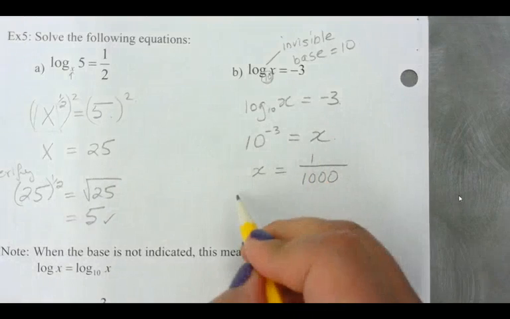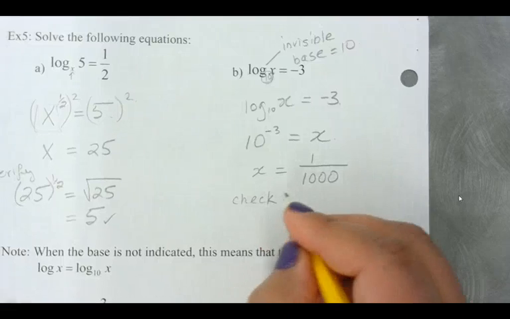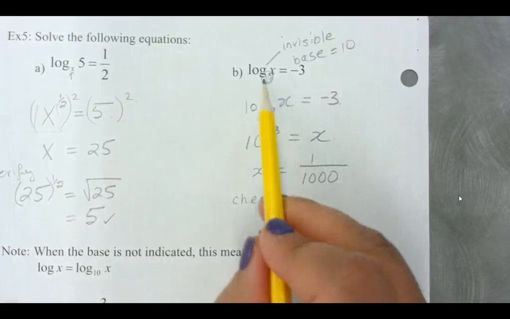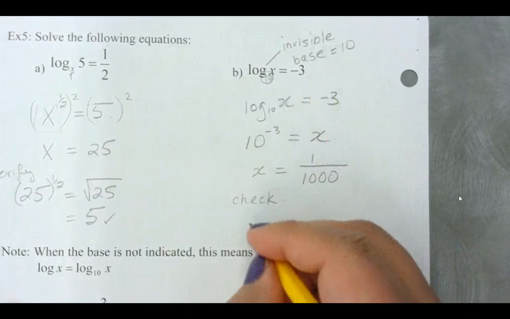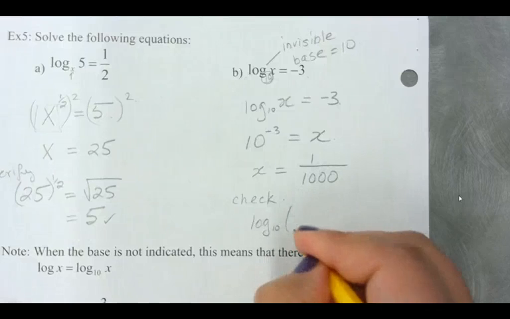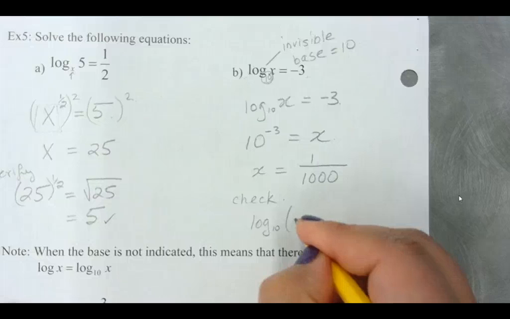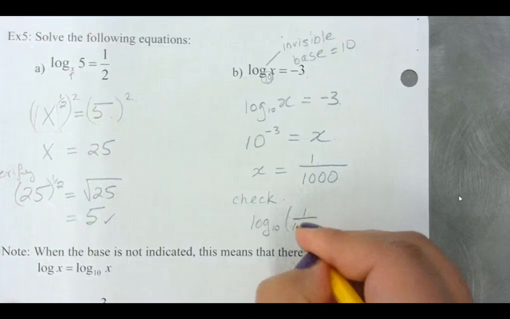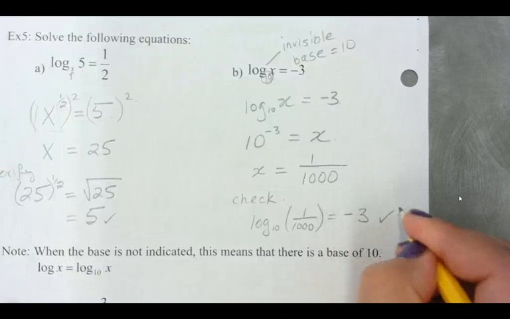Okay, and if you want to double check for yourself, because in the investigation we had a lot of practice with these types of equations where we had to evaluate, if I were to figure out the log base 10 of 1/1000, does it give me -3?